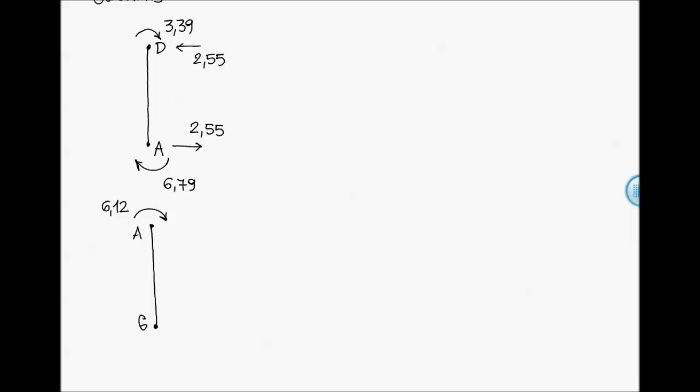So in this case we have simply to divide 6.12 by the length of the column, which is 5 meters, obtaining these two shear forces, 1.22 and 1.22. While the length of the column AD was 4 meters.